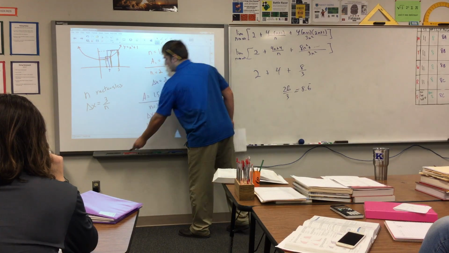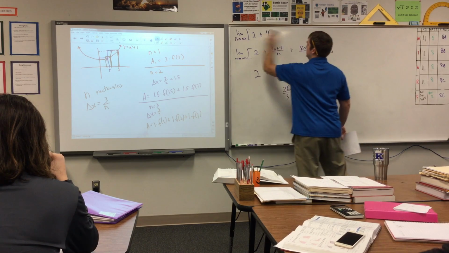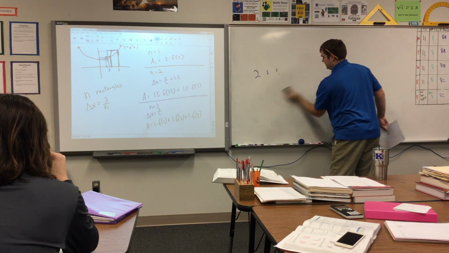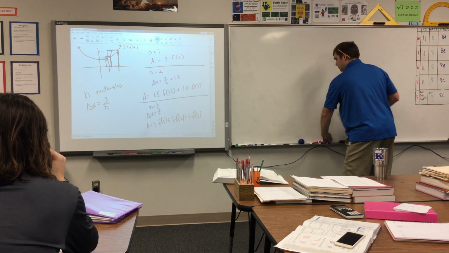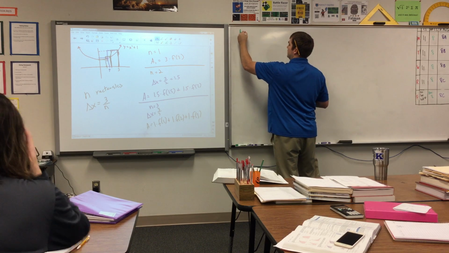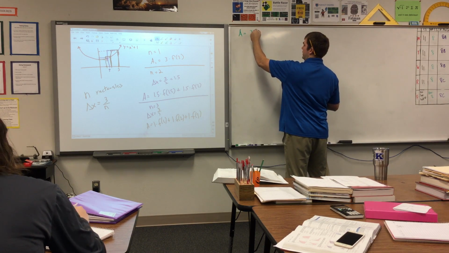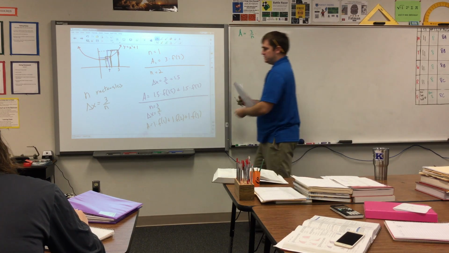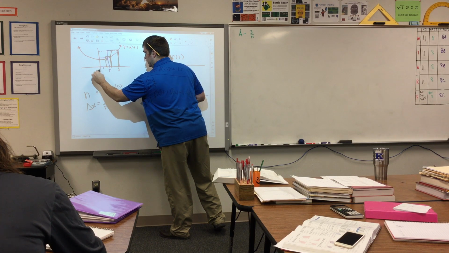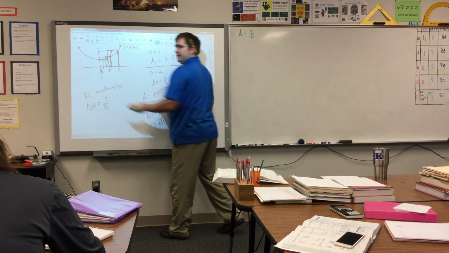And so then the question is, what would my sum look like? What would my area look like? My area would look like the width, 3 over n, times the height.